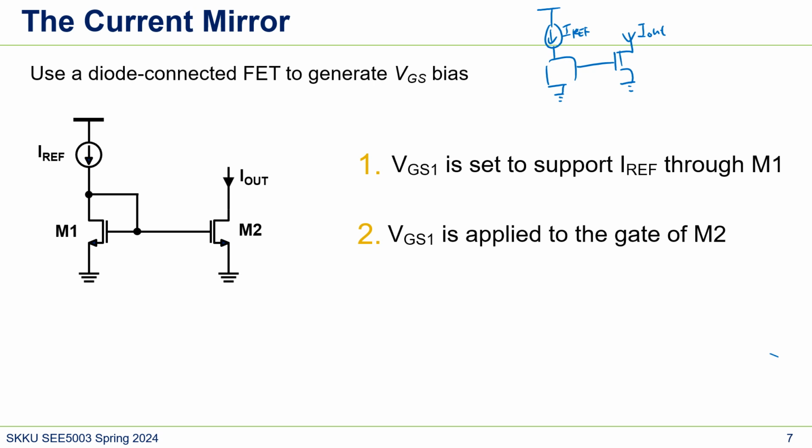And you see that the current, for M1, IREF is 1/2 mu n Cox, M1 W/L, then VGS1 minus VTH square. Let's ignore the channel length modulation at this point. Then we can solve this equation for VGS1, right?